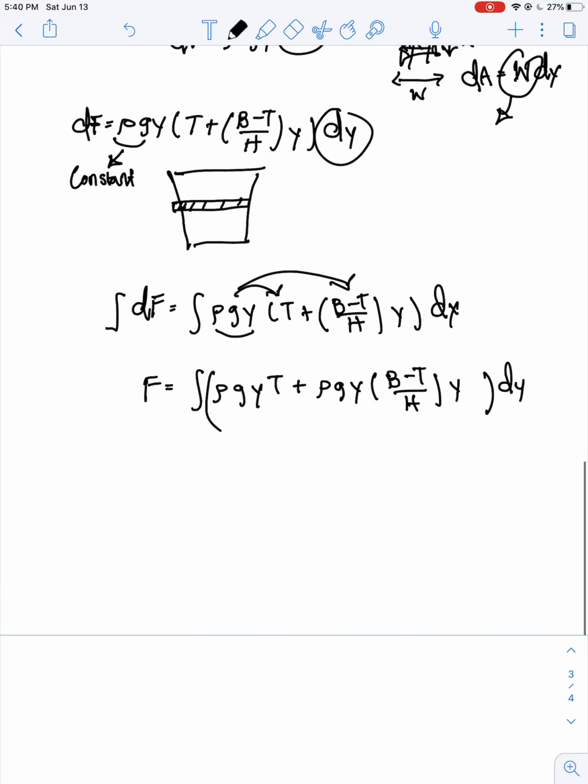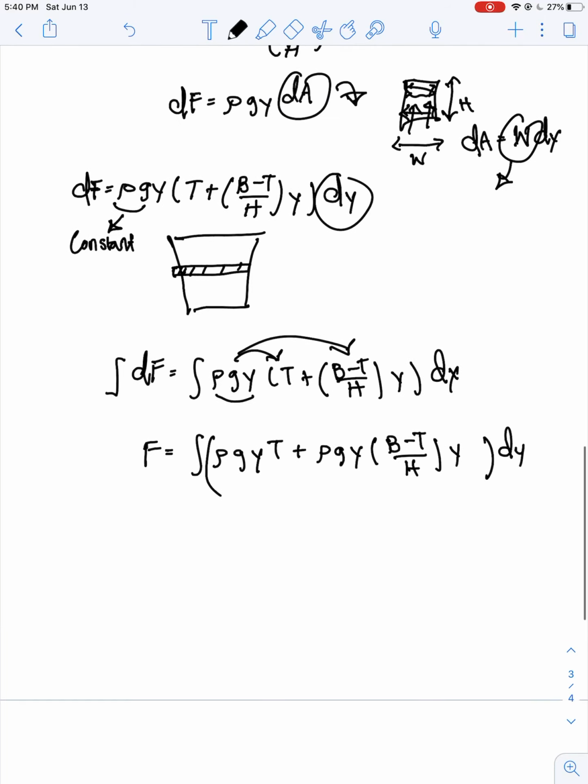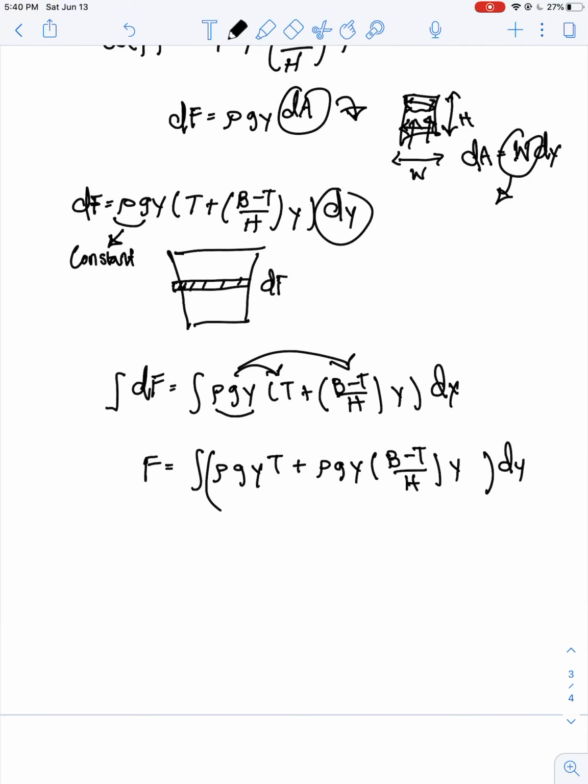We know that we're trying to sum up here the force dF along this entire trapezoid. We know we're going up until little h, the surface of the water, from the bottom of the dam to the surface of the water. This is where the fluid is.